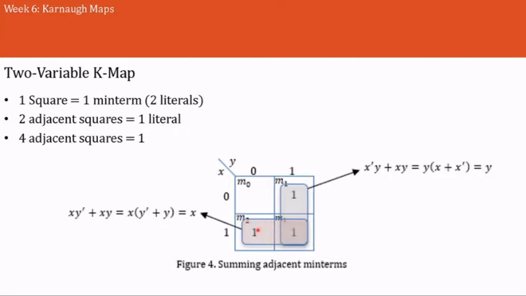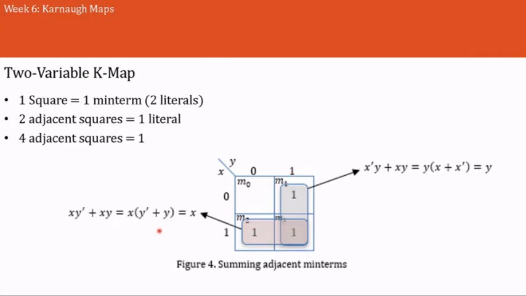First, let's look at the value of x. What is the value of x in minterm 2? Minterm 2 is x y prime, and the value of x in minterm 2 is x. How about minterm 3? The value of x in minterm 3 is also 1, and the value of y is y.